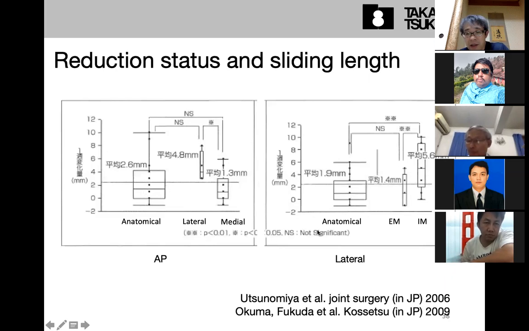And similarly, the IM type is bigger than the anatomical type or extramedullary type. So this graph shows that anatomical reduction, medial reduction or extramedullary reduction is beneficial to prevent excessive sliding.